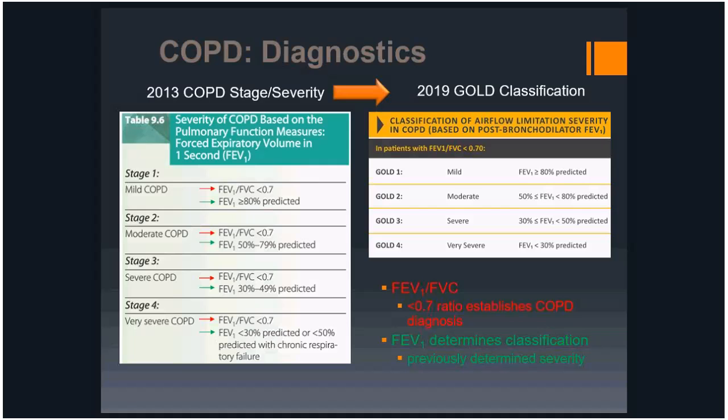I do want you to reference the table on the right because it is more current. But again, I'm using the table on the left because I want you to see in all instances the ratio is less than 0.7. However, the FEV1 percent predicted is what indicates the severity or the classification with regards to, is it mild, moderate, severe, or very severe?